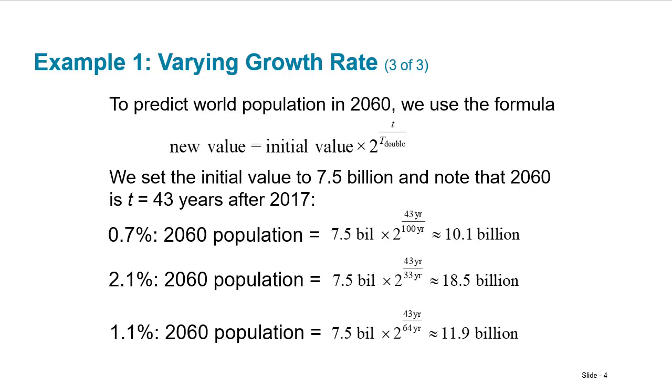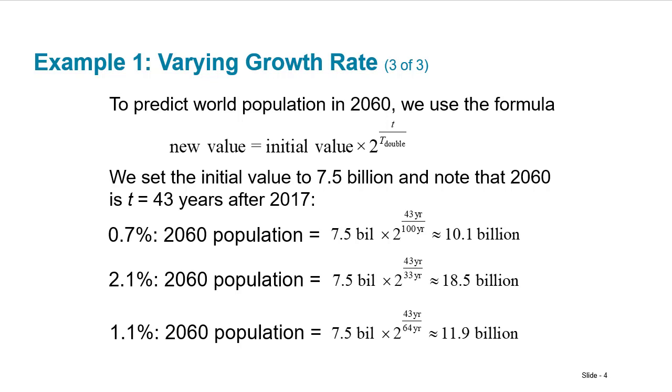So to predict the world population in 2060, we use the formula that the new value is going to be the initial value times 2 to the t over t double, right? So we set the initial value at 7.5 billion, and note that 2060 is 43 years past 2017, so that's going to be our t.